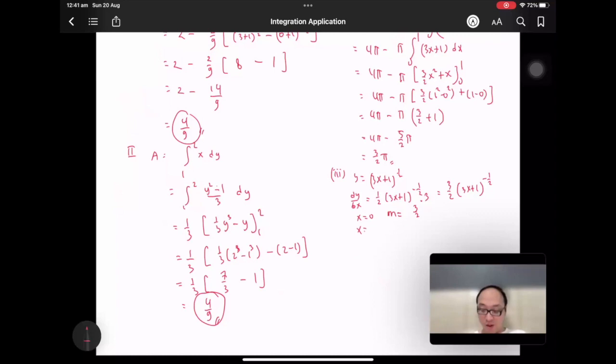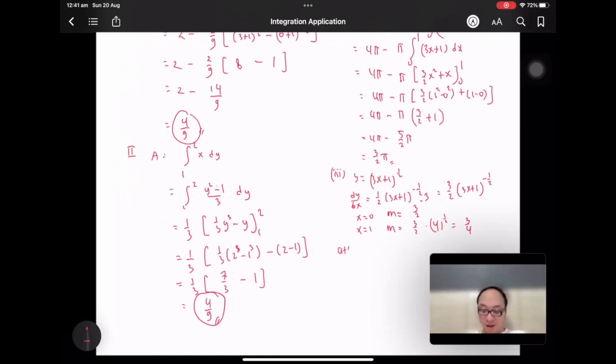When x equals to 1, the gradient is equals to 3 over 2 times 4 to the power of half, so equals to 3 over 4. Now, we know that the gradient is rise over run, so we can find the angle using the tangent.